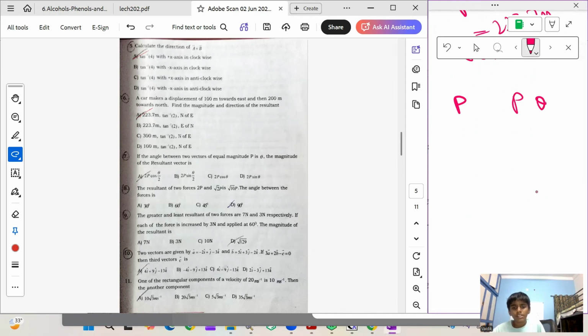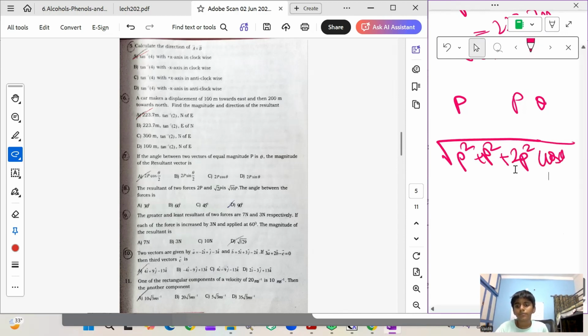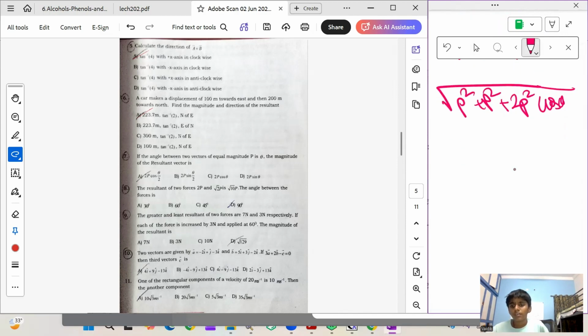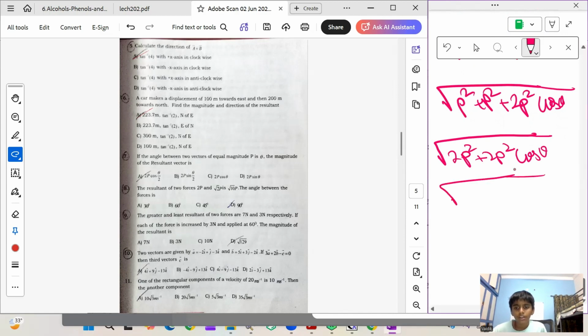So the resultant would be root over P square plus P square plus 2P square cos theta, which is root over 2P square plus 2P square cos theta, and root over 2P square into 1 plus cos theta.